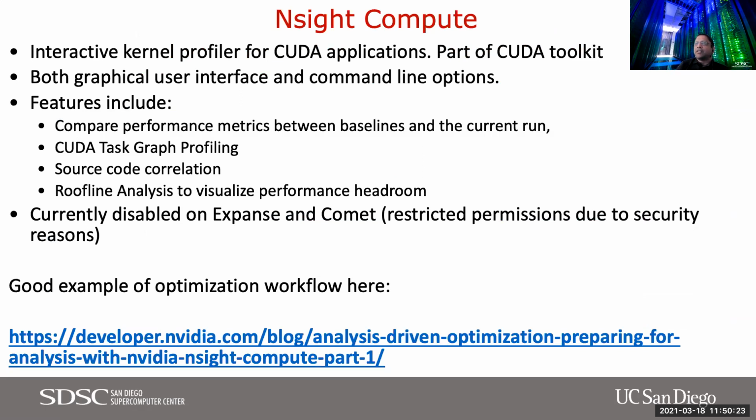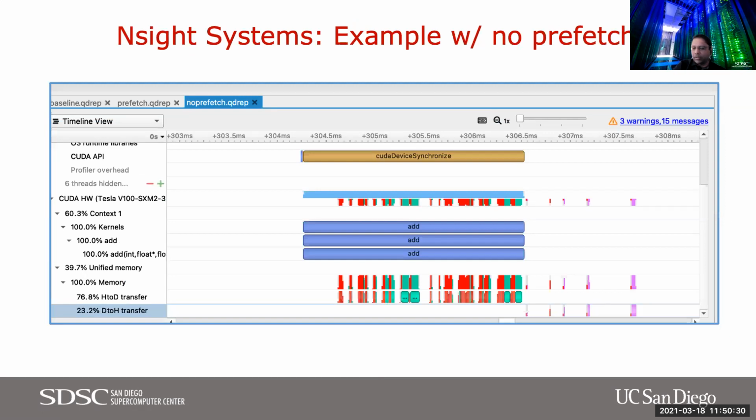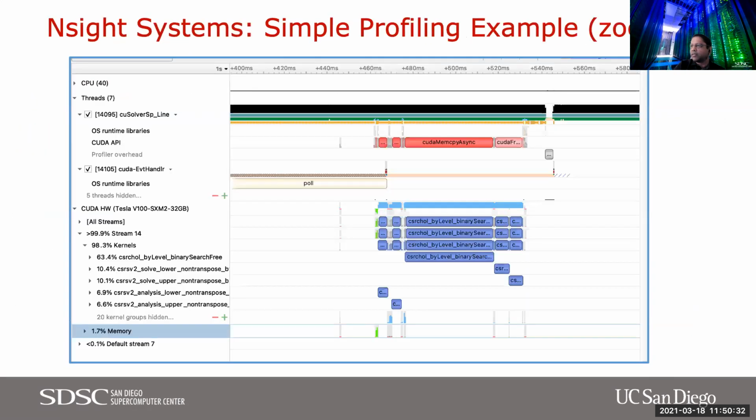Then the last thing I wanted to talk about was Nsight Compute. Actually, one thing I wanted to say is, if you go back here, in this plot, if you click on a particular routine that you feel is not efficient, or you want to look at in more detail, it'll actually give you the command to profile that particular piece using Nsight Compute.